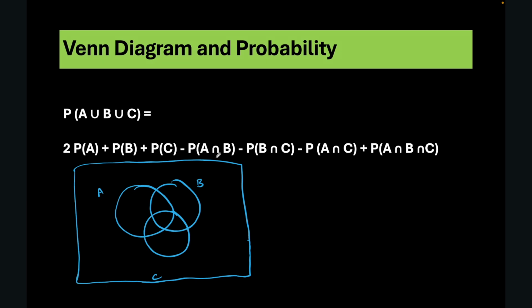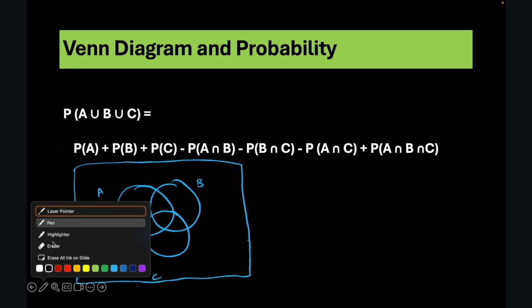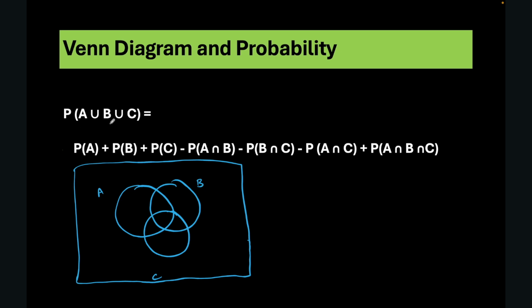How can I essentially get that? Now I just want to forgive you. This is a mistake, and let me change it. Let me make it black actually, and hide it. That was a typo. All right. So how can I essentially determine A union B union C?